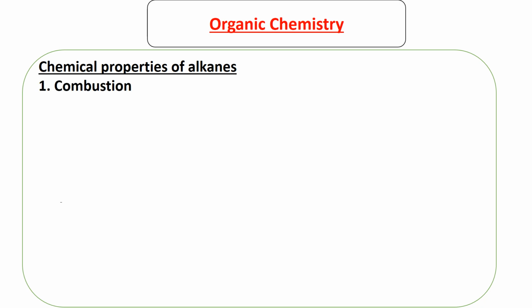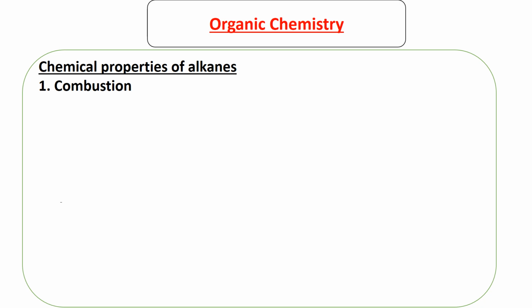The first is combustion. There are two types of combustion: complete combustion and incomplete combustion. This is not the first time we're talking about combustion, and this combustion is not any different from the combustion we have been studying in pollution and others.